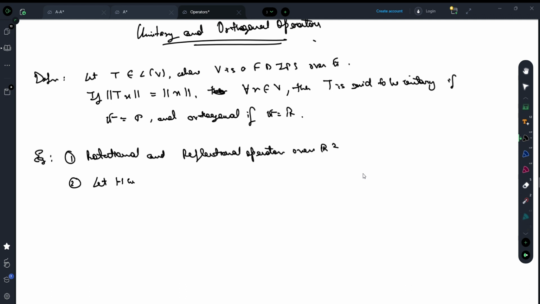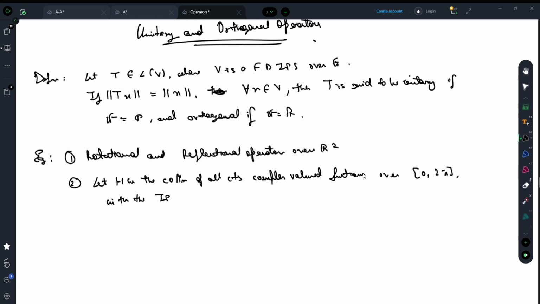Let H be the collection of all continuous complex valued functions defined on the interval 0 to 2 pi, and we define the inner product of f with g as 1 over 2 pi integral from 0 to 2 pi of f(t) g(t) bar dt. Okay, clear?